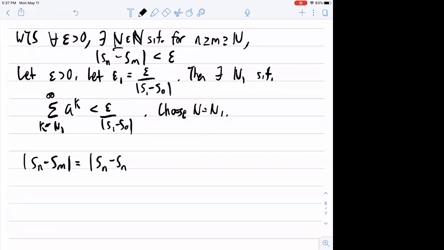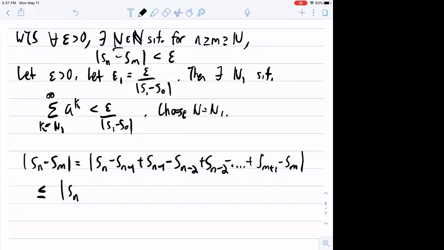I'm going to subtract Sn minus 1 plus Sn minus 1, subtract Sn minus 2, add Sn minus 2, and just keep going all the way to the bottom, Sm plus 1. I didn't change anything, because I added and subtracted the same terms. And hopefully you all see what's going to happen: triangle inequality.